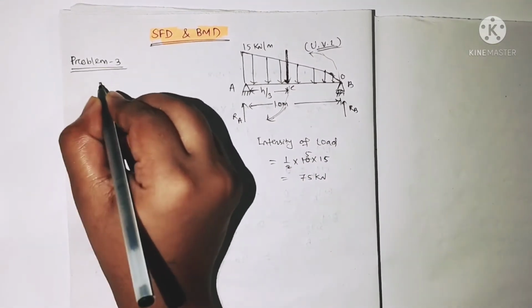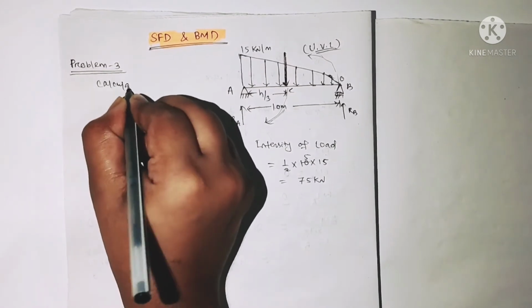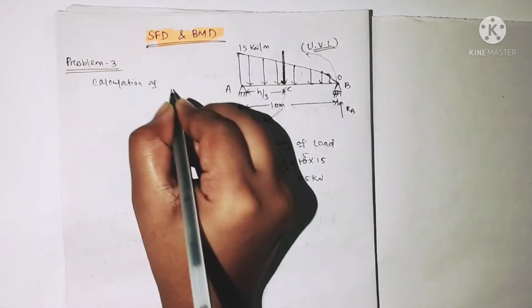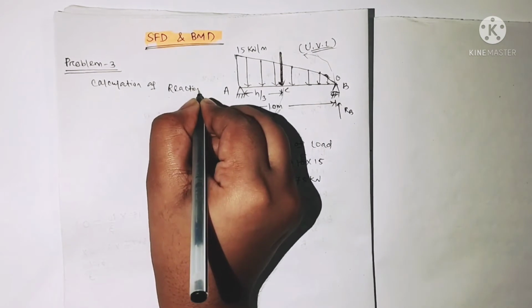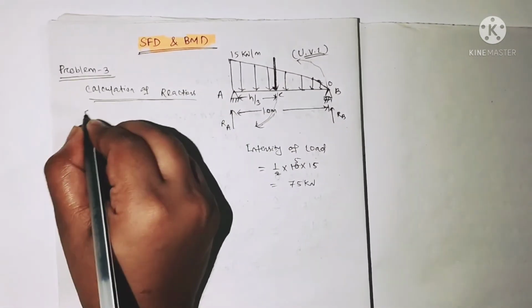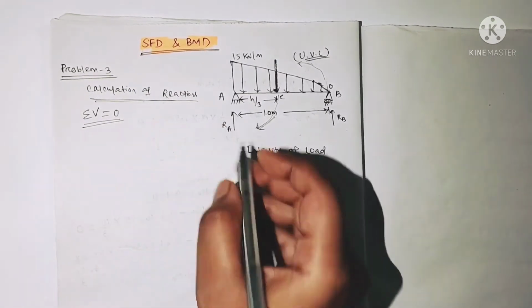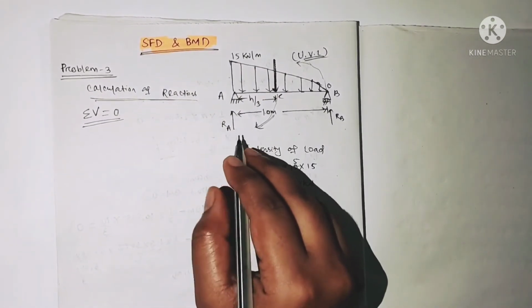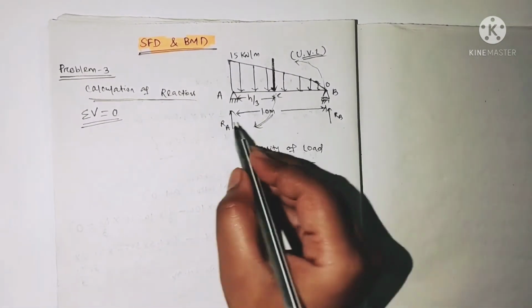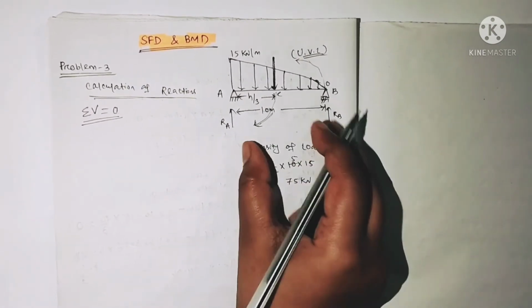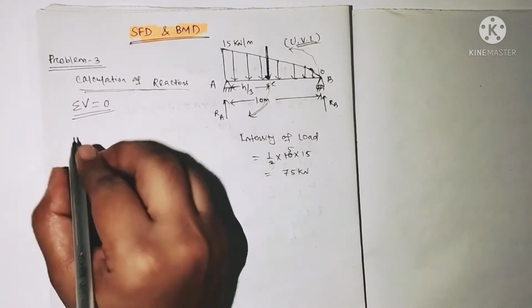Now our first step is calculation of reactions. Putting the equilibrium equation, summation of V equal to 0, that is, summation of all vertical forces equal to 0. Here we take upward force as positive and downward force as negative.